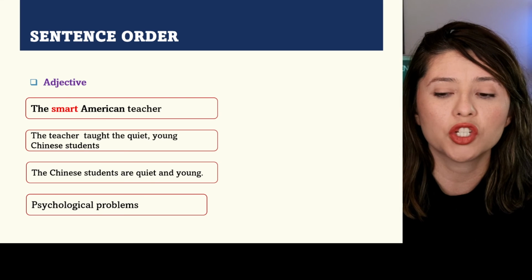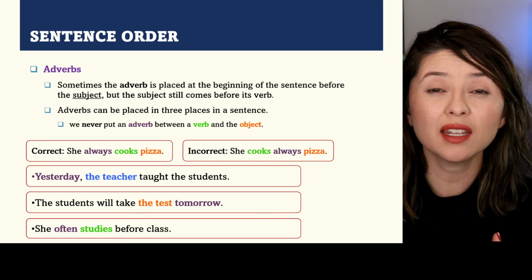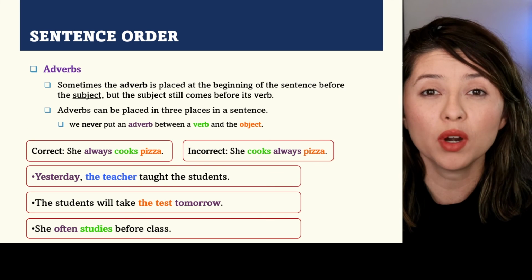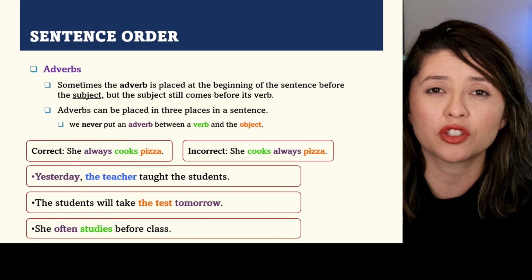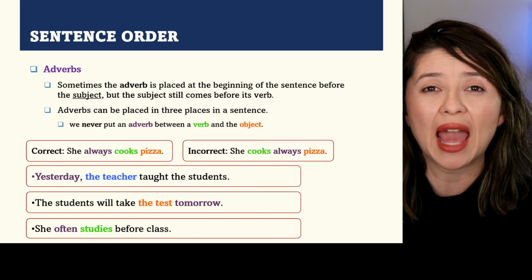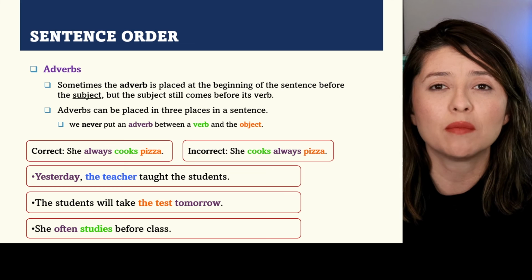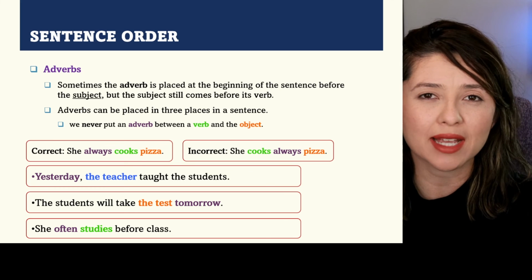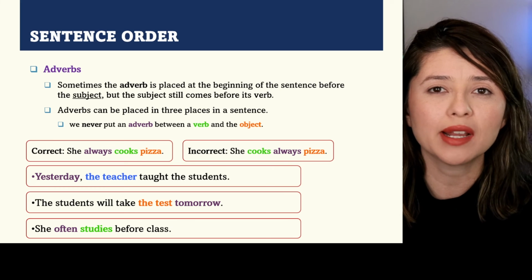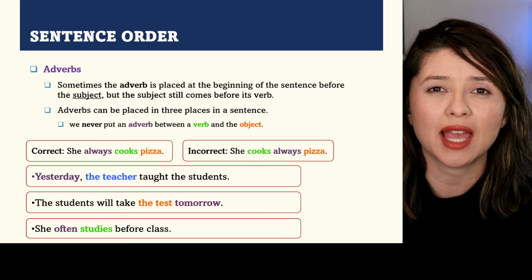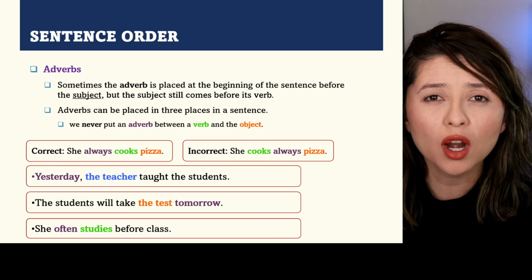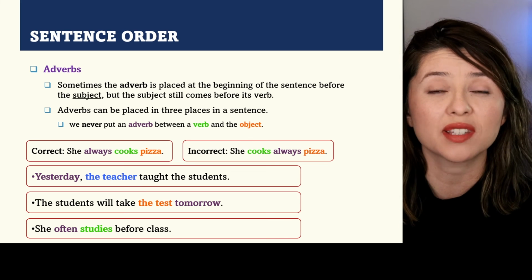So psychological problems. And then if you want to add more information to your sentence, so you start with the basics and then you start adding more information and making your sentences more complex. As you are in that process, you want to start using adverbs, which will give more information about what you're saying.